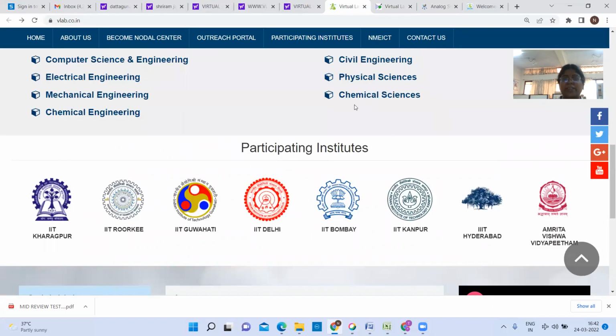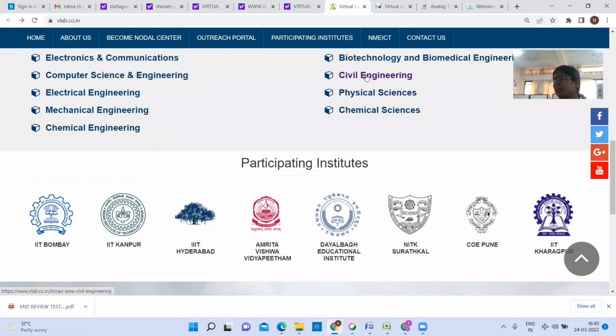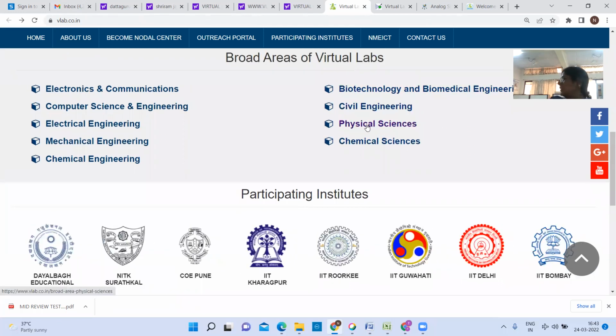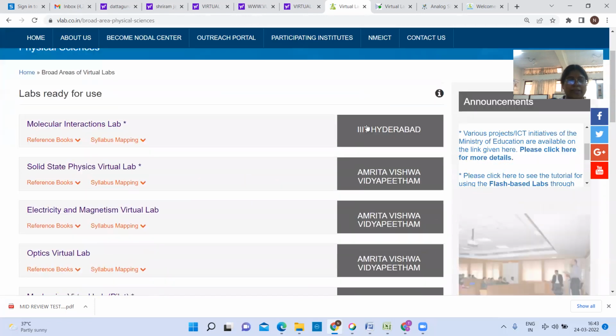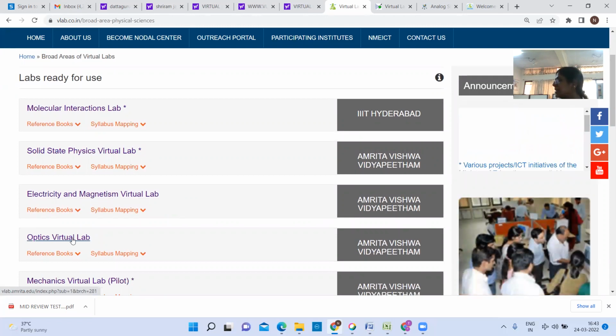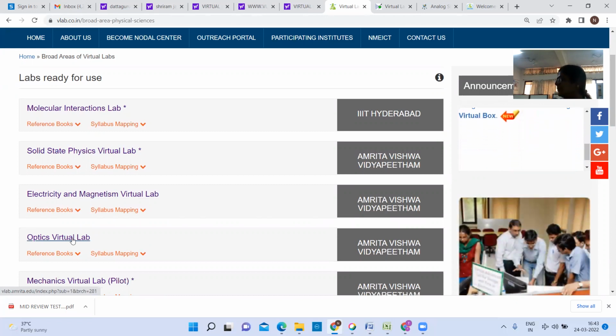किंवा कधी कधी फिजिकल सायन्स जे आहे म्हणजे as laser, optical fiber that is having some background about the physics also. That's why sometimes in this physical science lab also you may get some optics virtual lab. बघा फिजिकल सायन्स मध्ये, कारण आता लेझर आहे किंवा एलईडी आहे, all that is coming under the physics also.